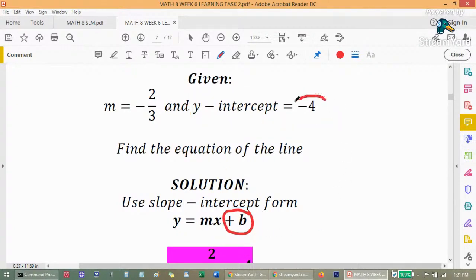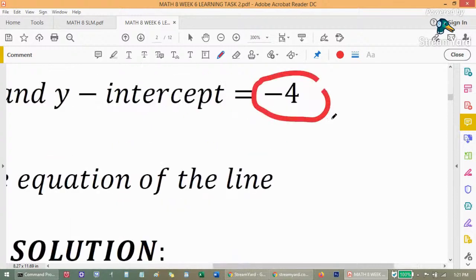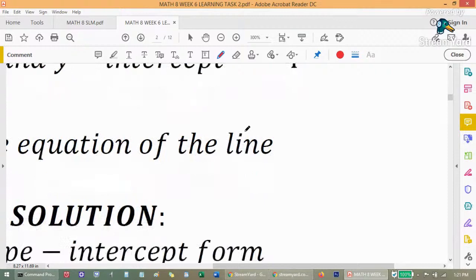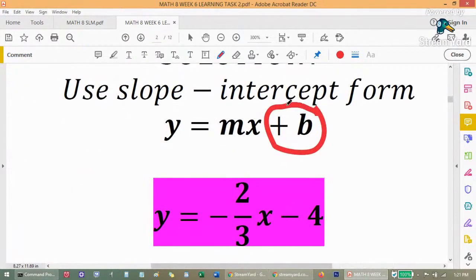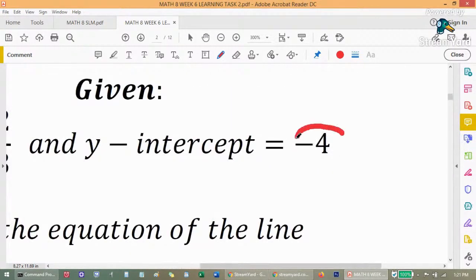Since ang y-intercept natin is negative 4, papalitan natin itong B ng negative 4, kasama yung sign. So, yung plus magpapalit, yung B magpapalit, magiging -4.